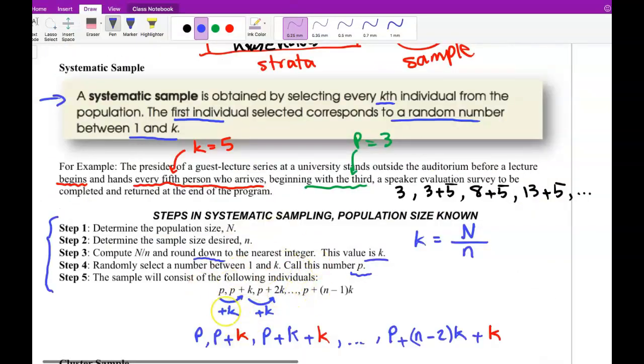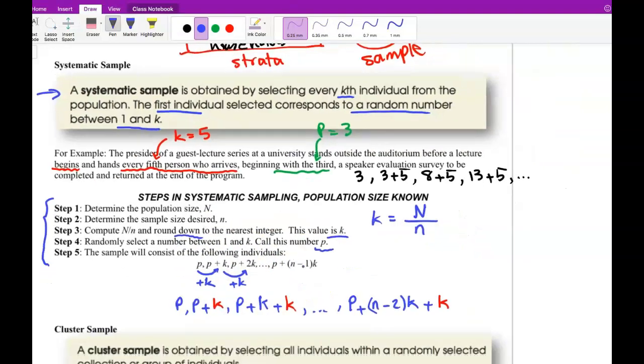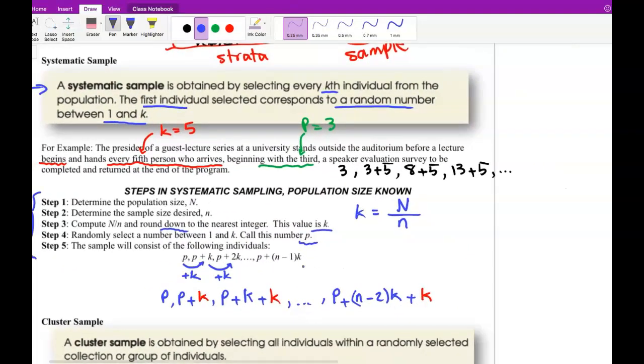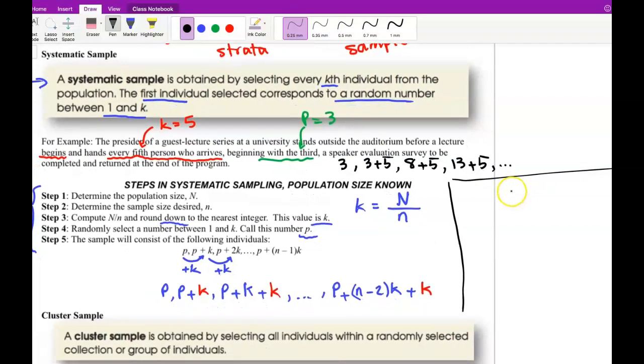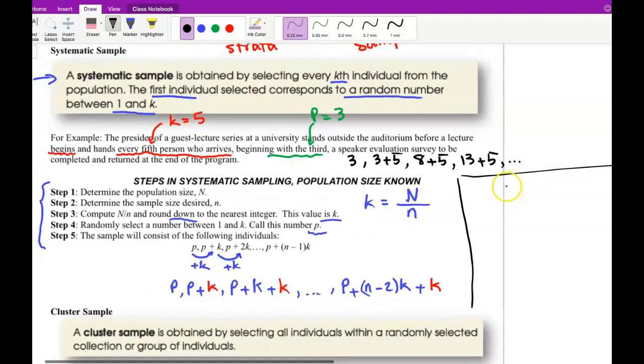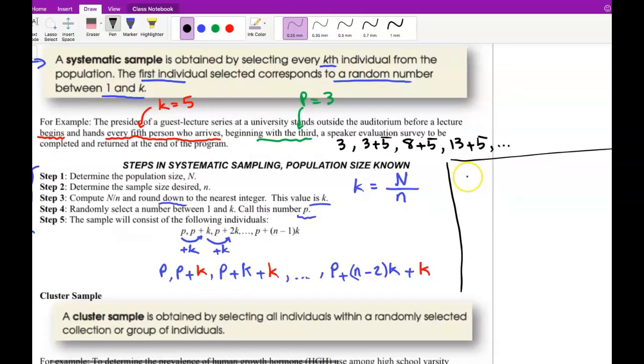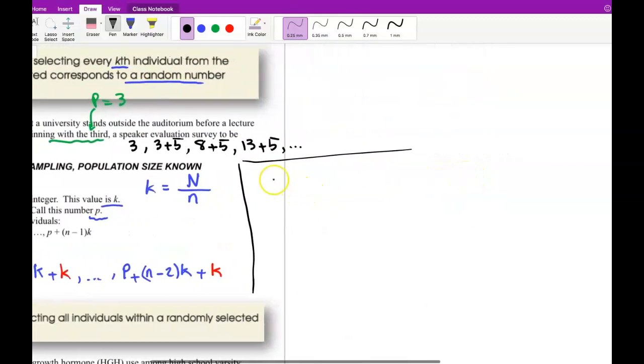Okay, I want to have another example for this part. Let's have another one here. For example, our population is, we have these numbers.